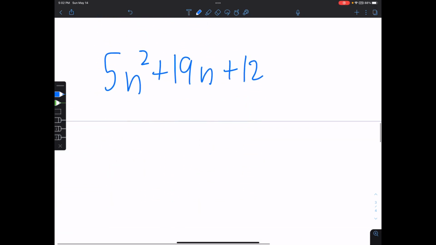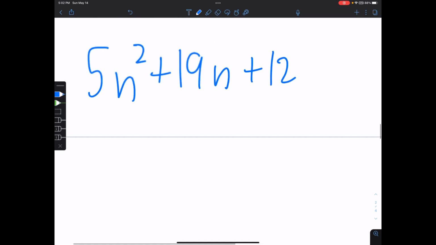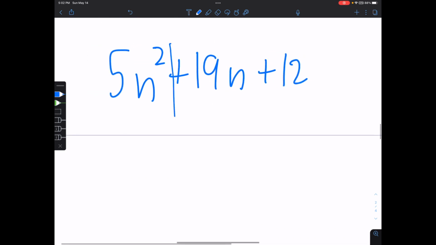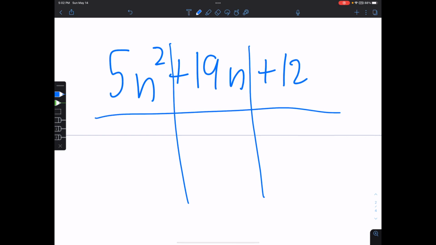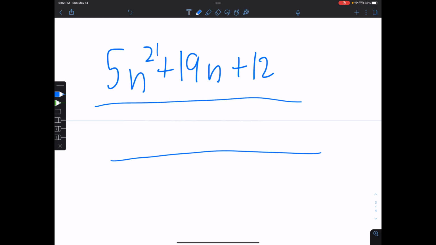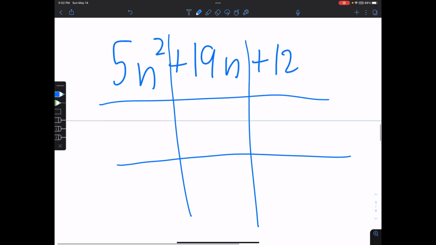The second way is the box method, okay? Now, the box method is you literally just put tic-tac-toe, okay? And you think of two numbers that you can multiply together to get 5n, right?